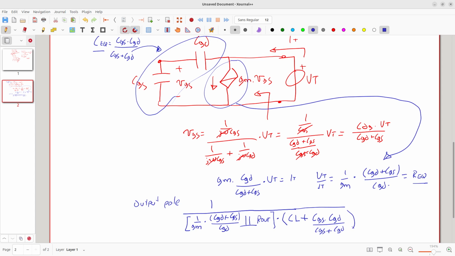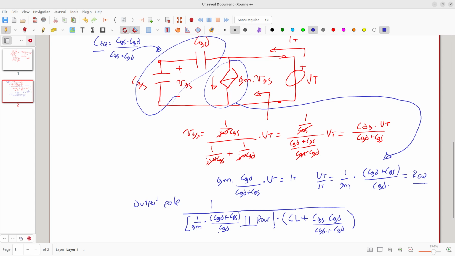Okay, that will basically be our output pole. So it has moved, and 1 over GM is normally a much smaller resistance than R out. RDS is much higher. So if the resistance goes down, it means that the pole has to be pushed to a higher frequency.